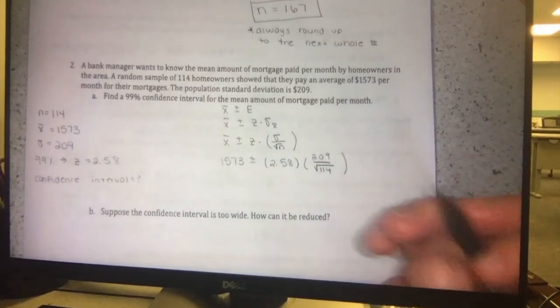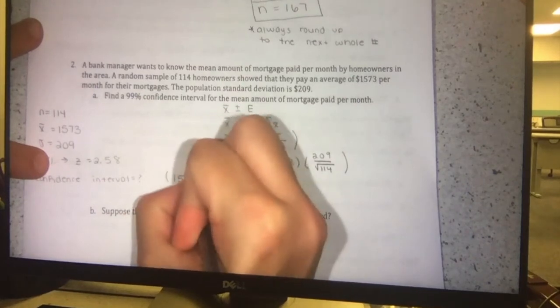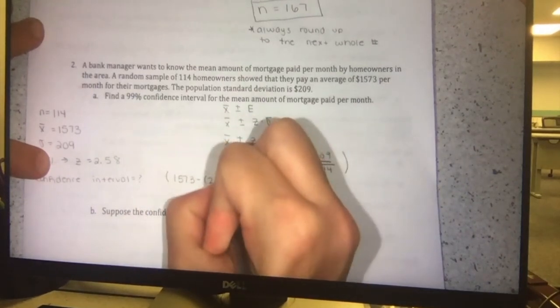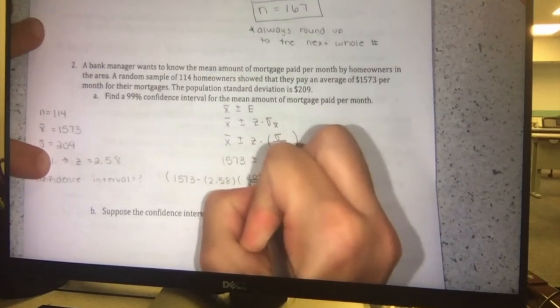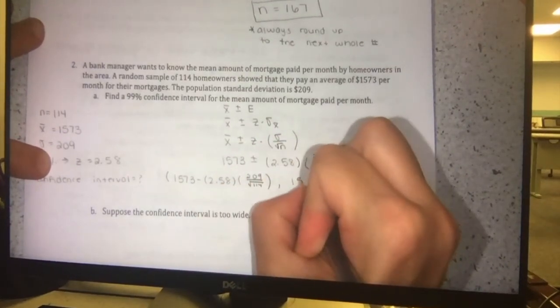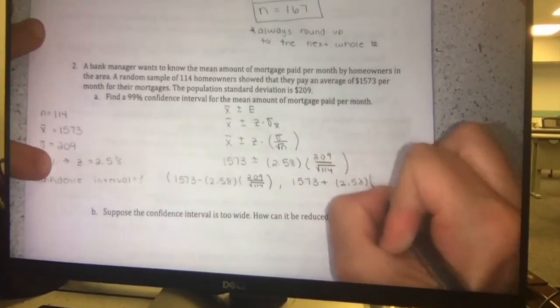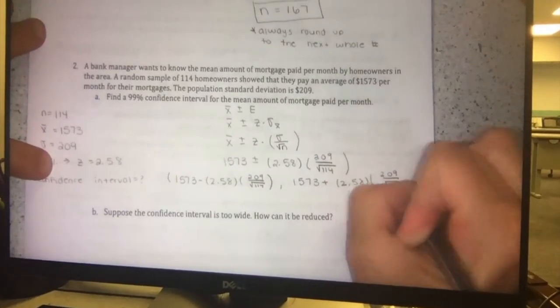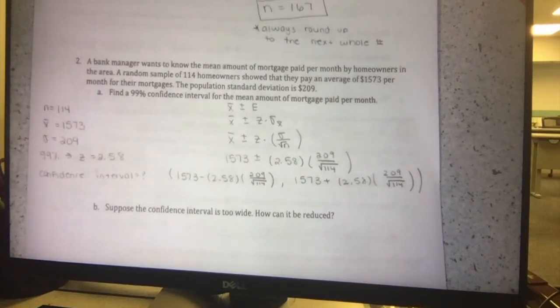So in my calculator, I do 1573 minus 2.58 times 209 over the square root of 114, comma, 1573 plus 2.58 times 209 over the square root of 114. I'm subtracting to get the lower bound, and I'm adding to get the upper bound: the lower number and the higher number.